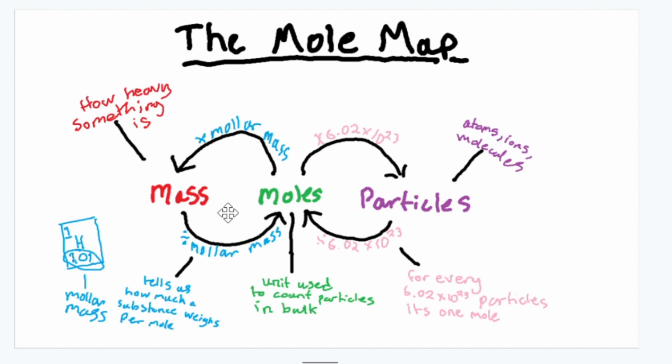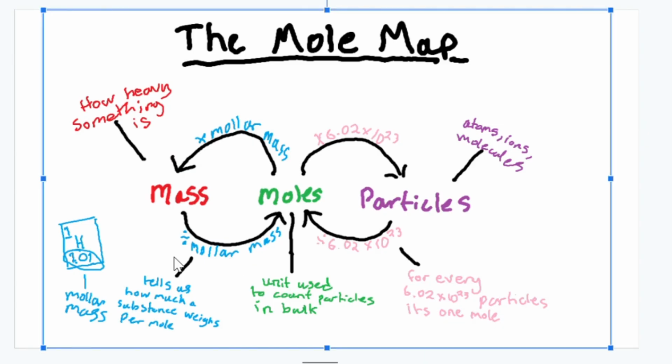First, let's talk about mass to moles. To convert from mass to moles and moles to mass, you need to know the molar mass, which is basically how much a substance weighs per mole. You can find this on the periodic table under the element symbol.